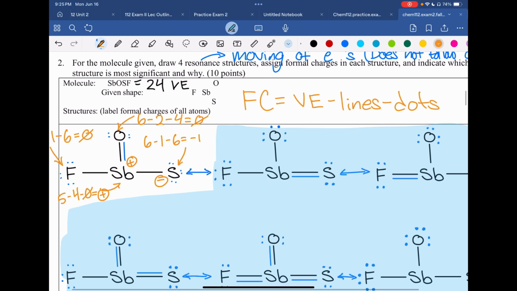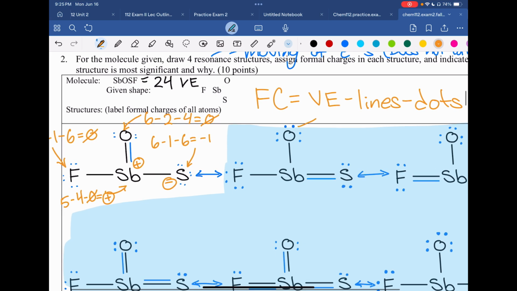Let's keep going. So, this oxygen, 6 minus 1 minus 6 is negative. This one is 0. It's the same as the oxygen one on the left. Antimony is 1, 2, 3, 4. All right, so 5 minus 4 is positive. So now the oxygen's negative. This antimony is still positive.